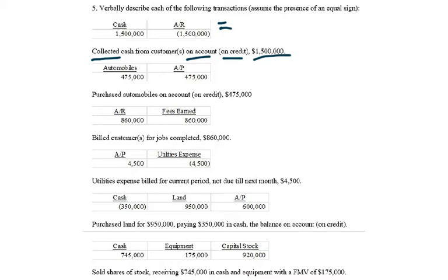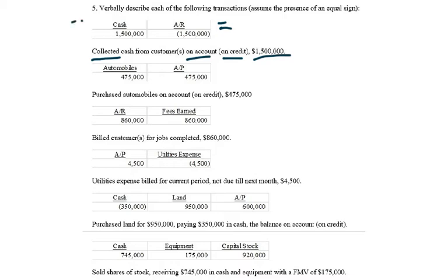Absent that element, it's incomplete. I would take that and give you a different answer: cash going up 1.5 million, fees earned going up the same. Not the same as what we have here. This is just previously recognized revenues, now our customers are making good on their promise in the form of the account receivable.